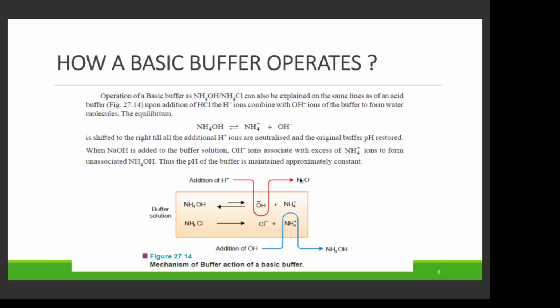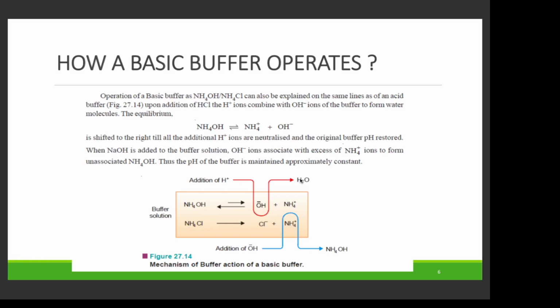Okay, so in the basic buffer there will be a base, right? For example, it is a basic buffer component, it is a base. So the base will dissociate. When it dissociates, it will form ammonium ion and hydroxyl ion.